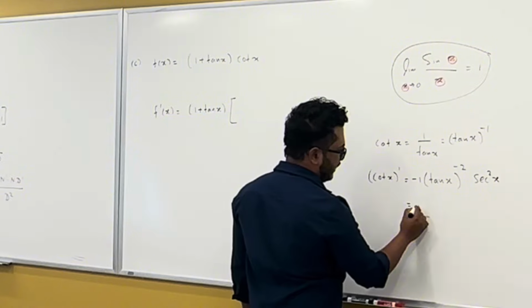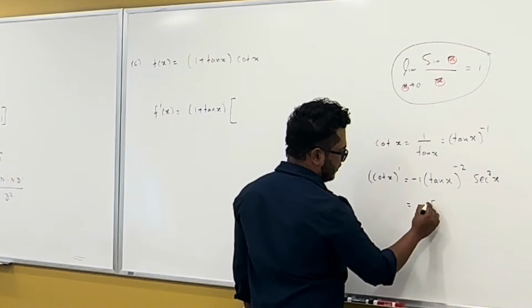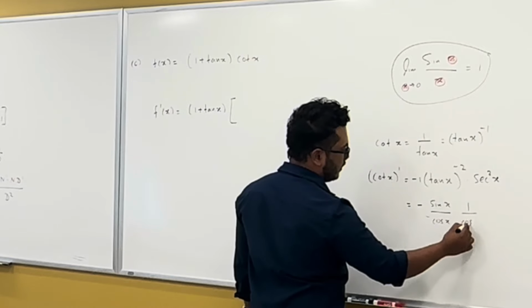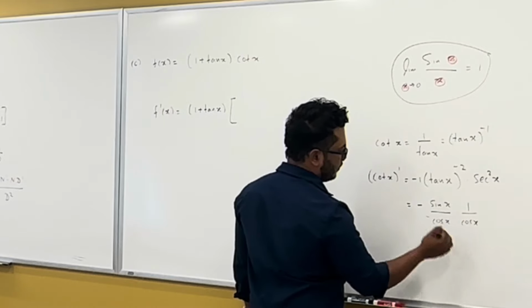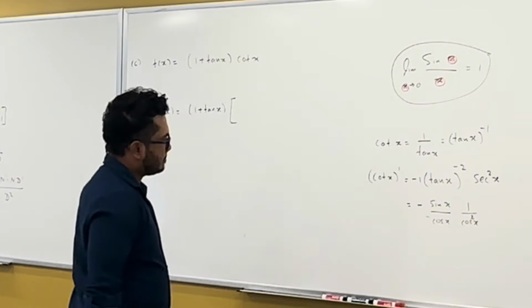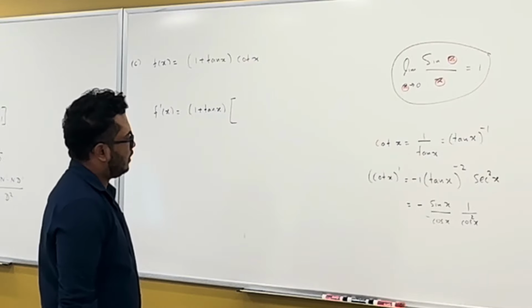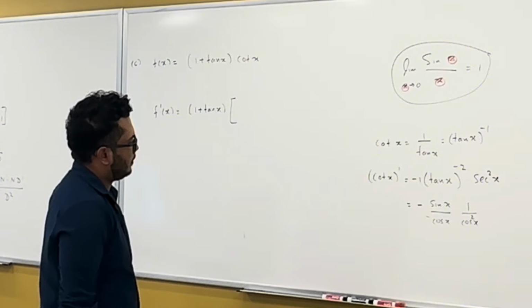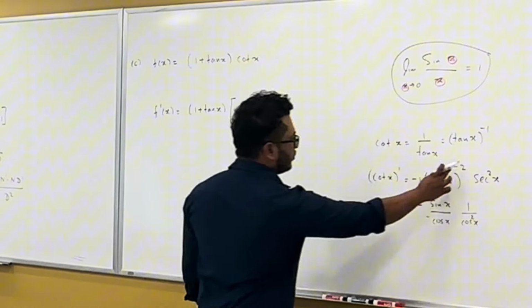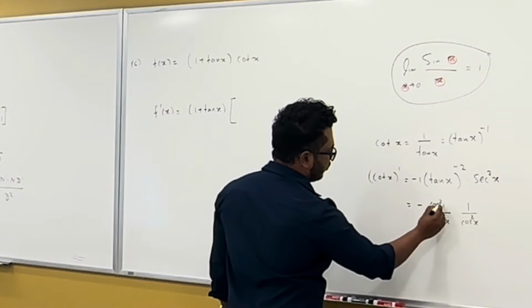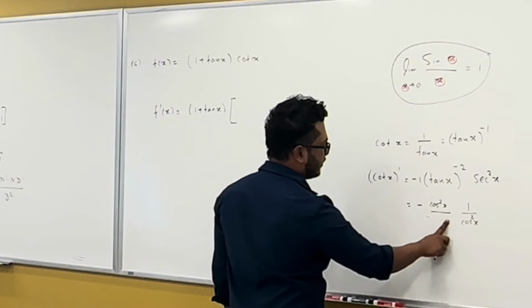So this will be like minus tan is sine over cosine, secant is 1 over cosine, squared actually. Yes, it's a power of 2, so tan goes down, so it's cosine squared over sine squared, because 1 over tan is again cotangent.